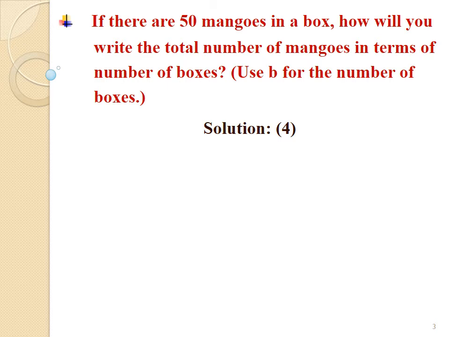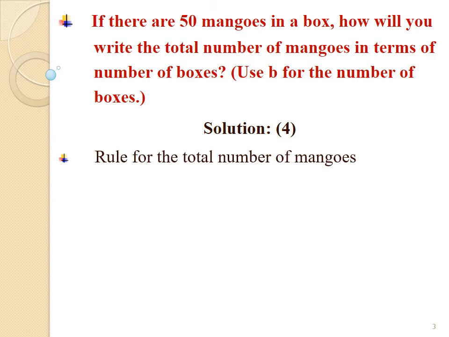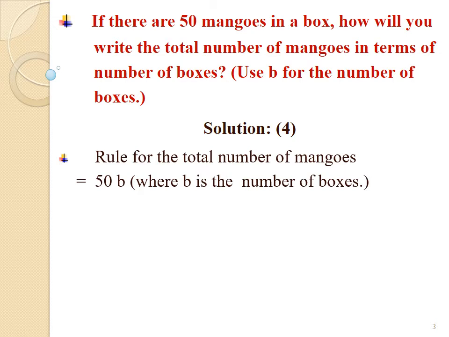If there is one box, there will be 50 mangoes. If there are two boxes, there will be 2 into 50 or 100 mangoes, and so on. If there are B boxes, there will be 50B mangoes. Thus, the rule for the total number of mangoes is equal to 50B, where B is the number of boxes.